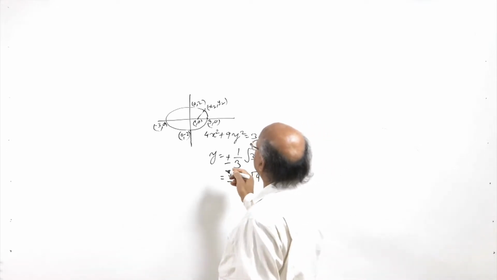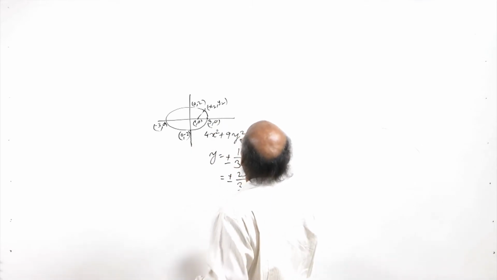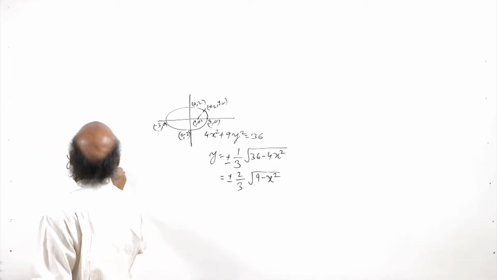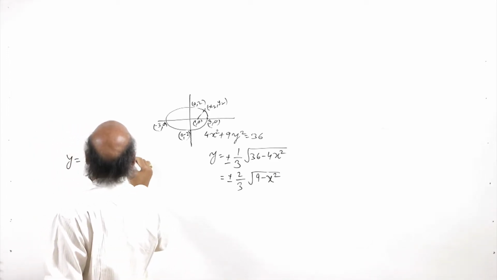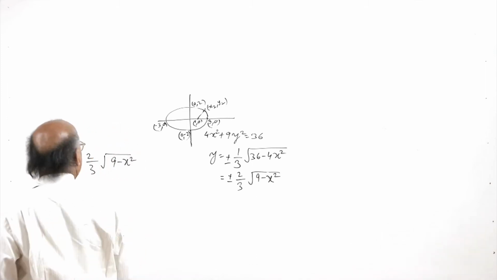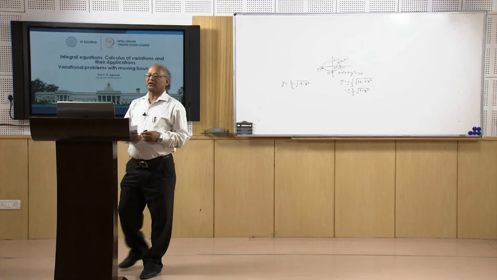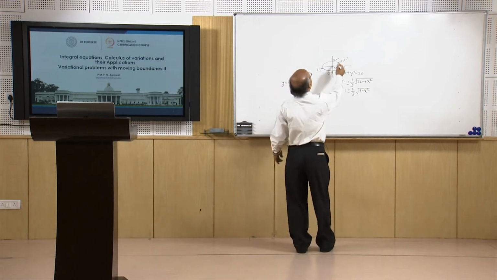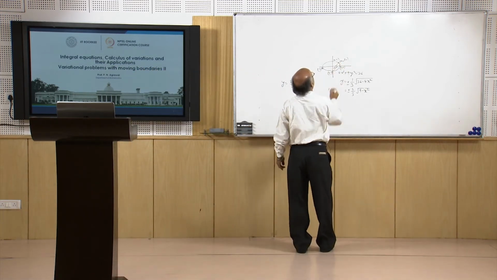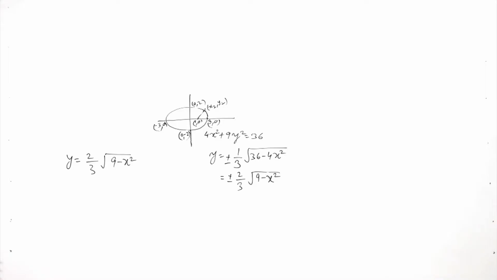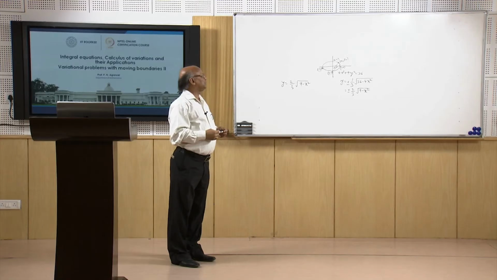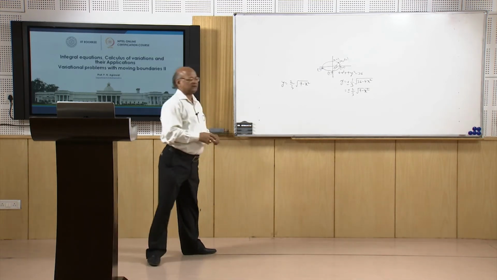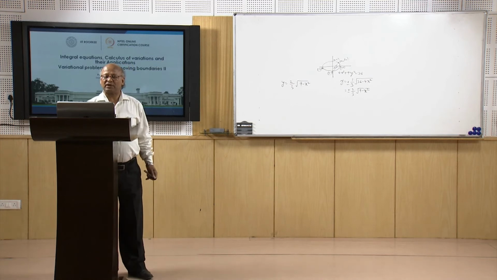Now we are taking y positive, y = 2/3 under root 9 minus x². One can also take y = minus 2/3 under root 9 minus x², and the other point, which is symmetric below the x-axis, can also be taken as (x2, y2). So we take y = 2/3 under root 9 minus x².